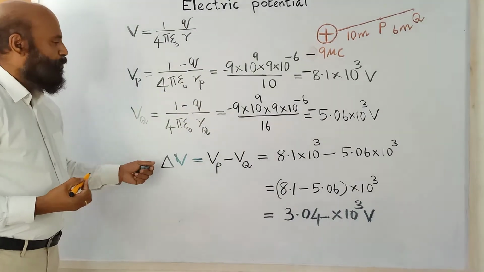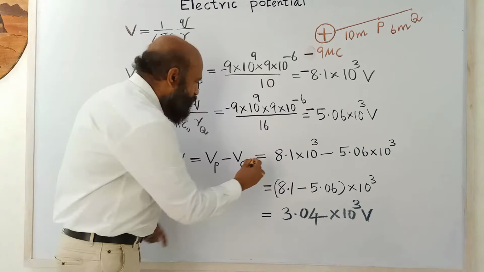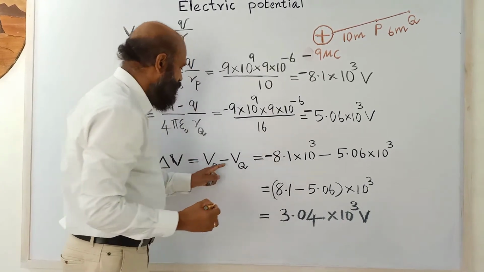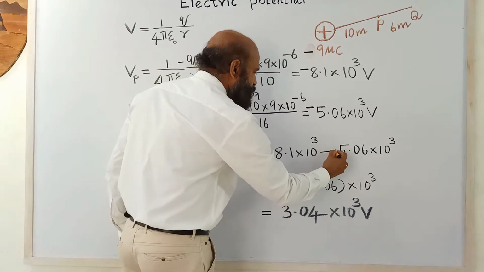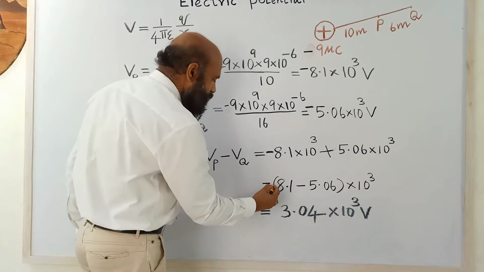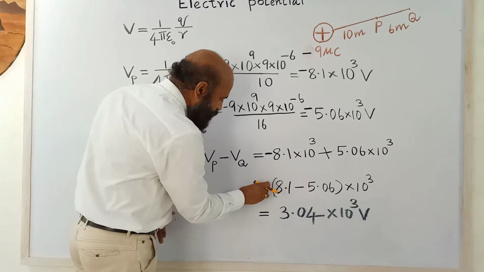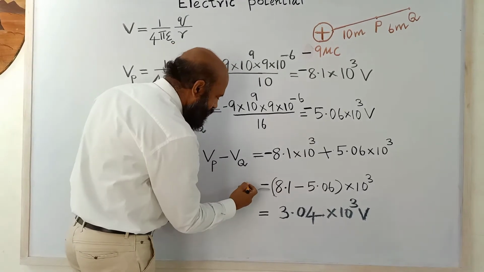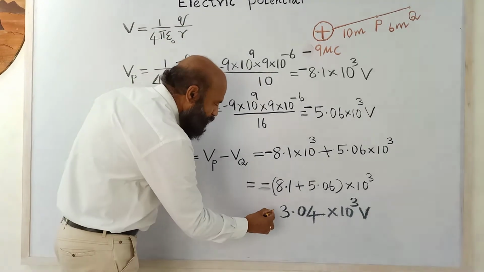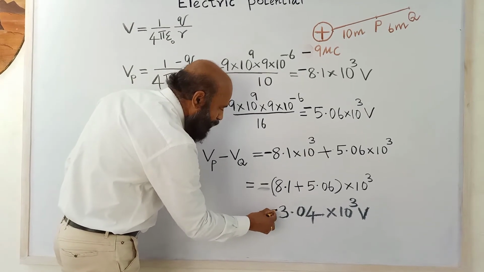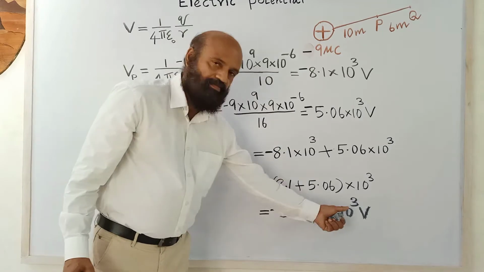Now when you find the potential difference, Vp is a negative value, then minus Vq, which is again negative, so this will become plus. Because of this, the potential difference will become a negative quantity.